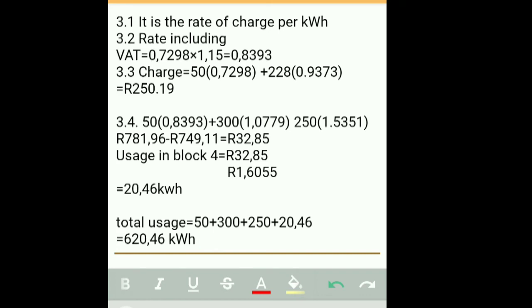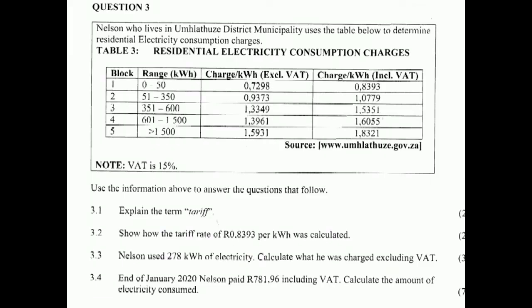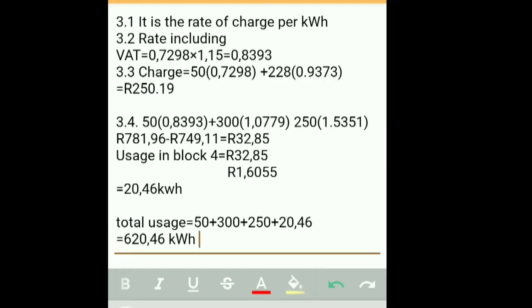Then 250. Here's the 250. Where did we get it? Guys, you see the table in block 3. In block 3, we are only allowed to use 351 to 600 or 351 to 601.